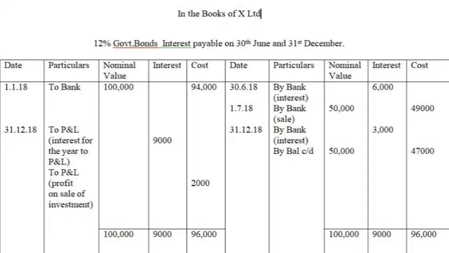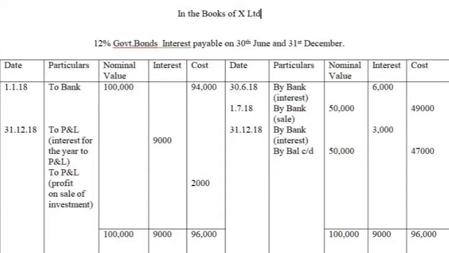Then our third journal entry, 1/7/2018, bank account debtor to 12% government bonds 49,000, sale of 500 bonds at the rate of 98 each. Then on credit side of our investment account, 1/7/2018 by bank, on cost column we write 49,000 and on nominal value column 50,000.